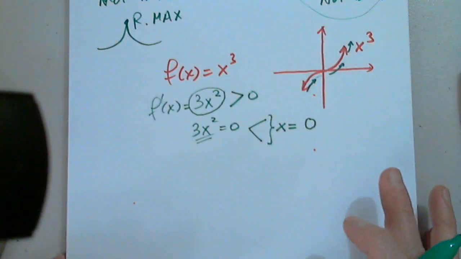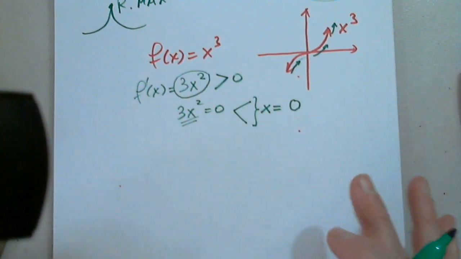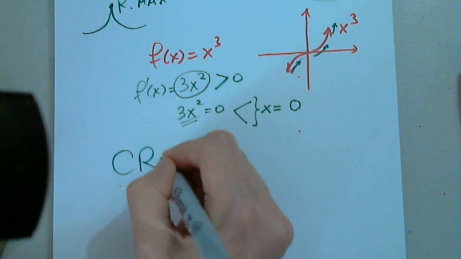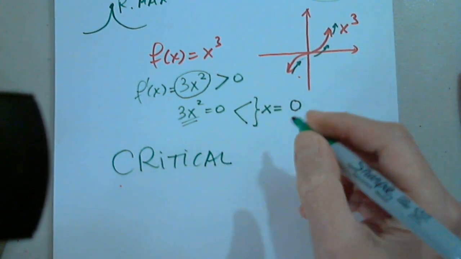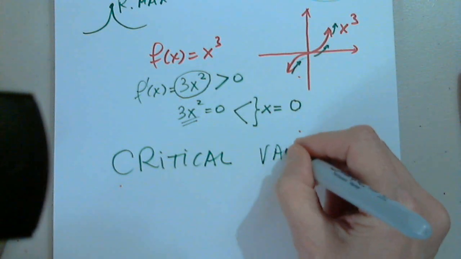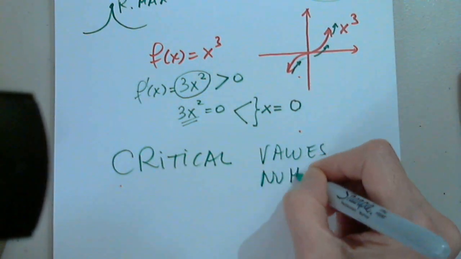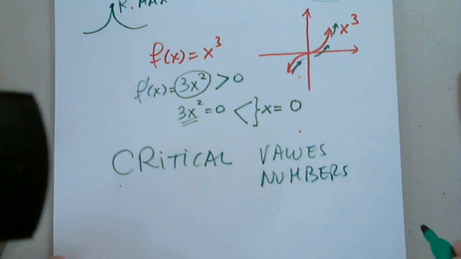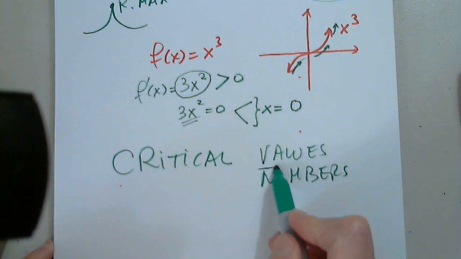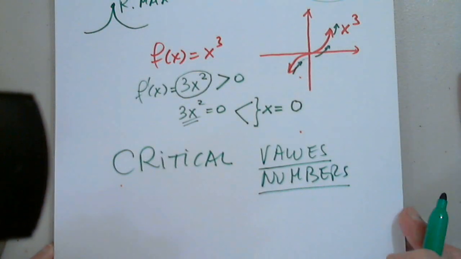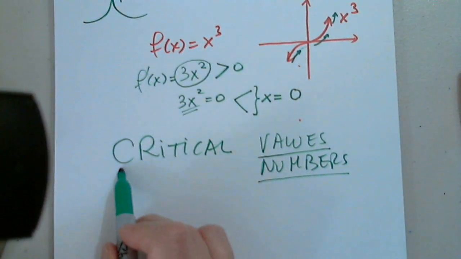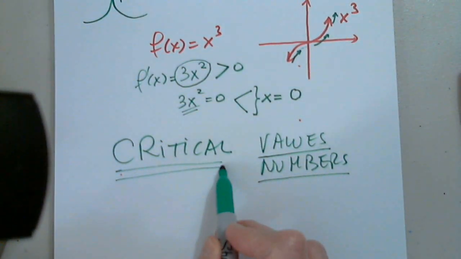Okay, before we look at problems in the book, I need to say one more thing. They are called critical values in this book. I like to call them critical numbers. It doesn't matter. You can call them critical values or critical numbers. What are these critical numbers?